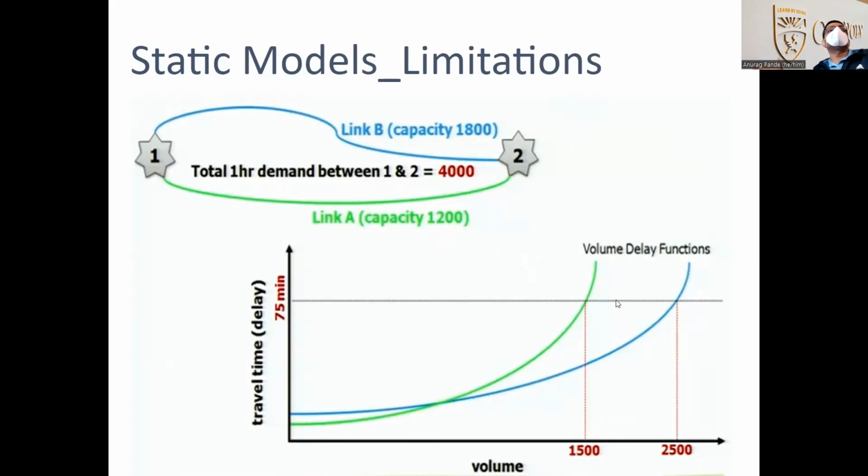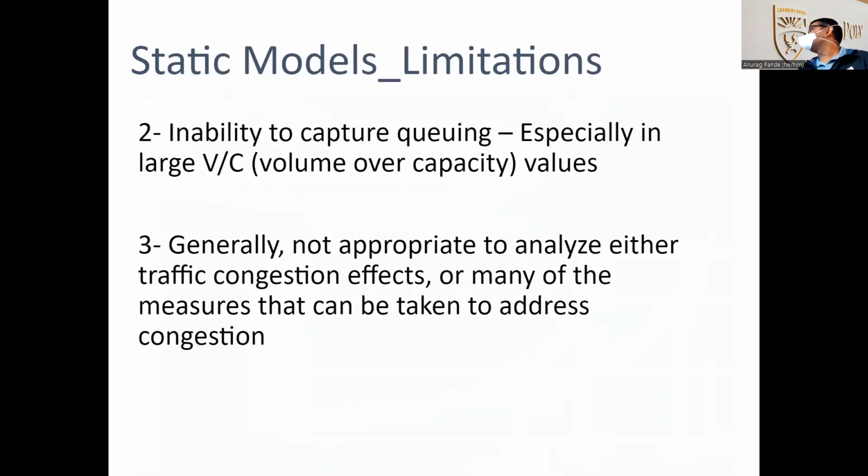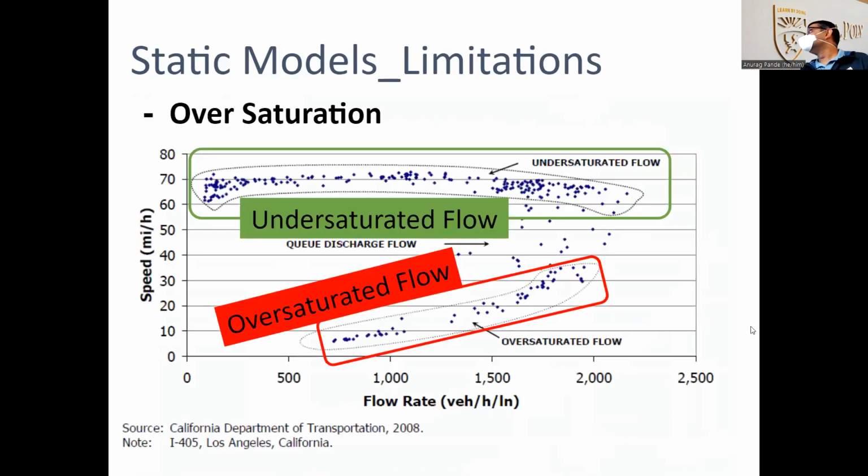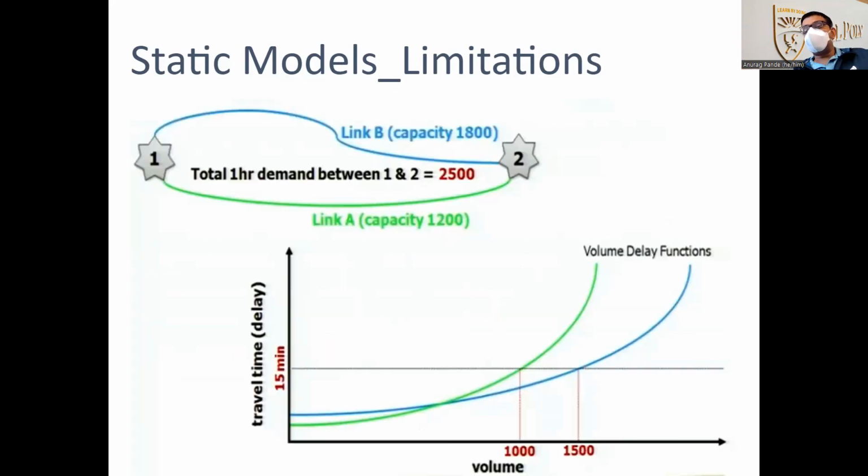So your equilibrium solutions are going to be unreliable, because if you remember, I showed you this chart, right? This is the real world data that I showed you. You can pretty much do a good job of coming up with a demand until unsaturated flow conditions. But once you hit that, this model is not very well defined how the link travel time behaves once you exceed the capacity.